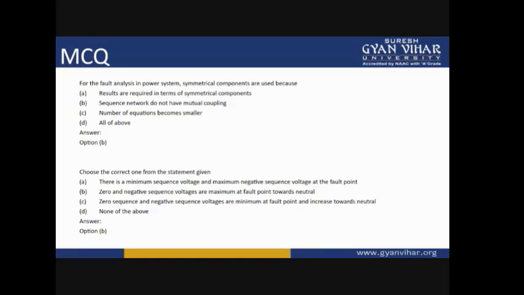Second, look at option C: zero sequence and negative sequence voltages are minimum at a fault point and increase towards the neutral. No, it is also wrong. It doesn't increase towards the neutral. The option left is option B, that is, the zero and negative sequence voltages are maximum at the fault point.